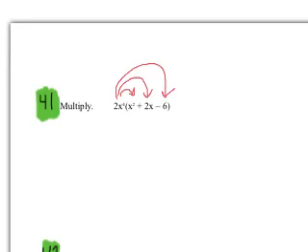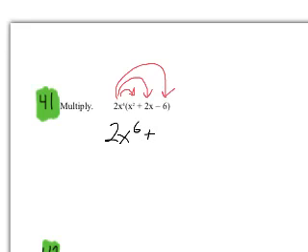So 2x to the 4th times x squared gives us 6 x's, 2x to the 6th. 2x to the 4th times 2x gives us 5 x's, right? X to the 4th, and then there's x to the 1, understood. And we multiply the numbers times the numbers.